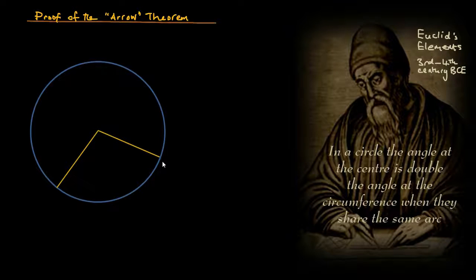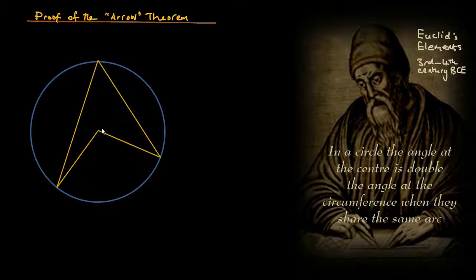So if we start with this idea of the two radii and then draw our arrow shape, one thing we can do to work into this and get a proof is draw up these 2 points here to get 2 triangles.